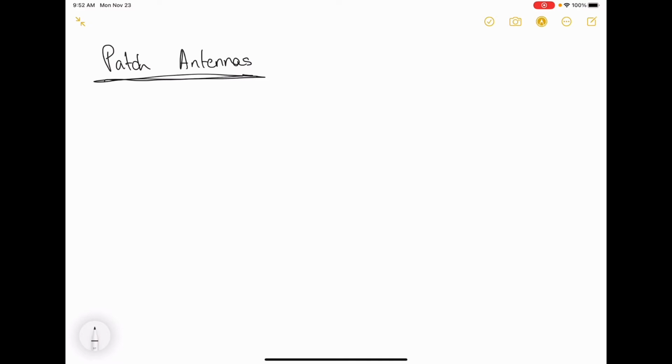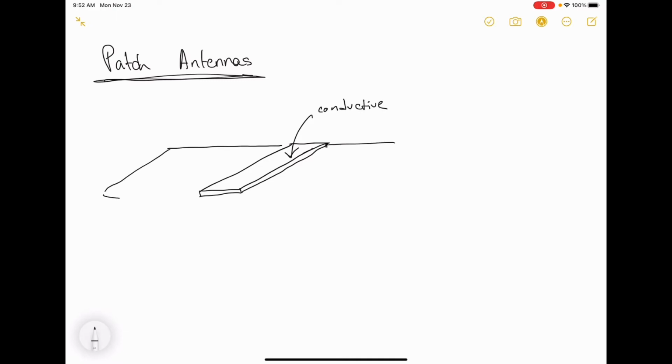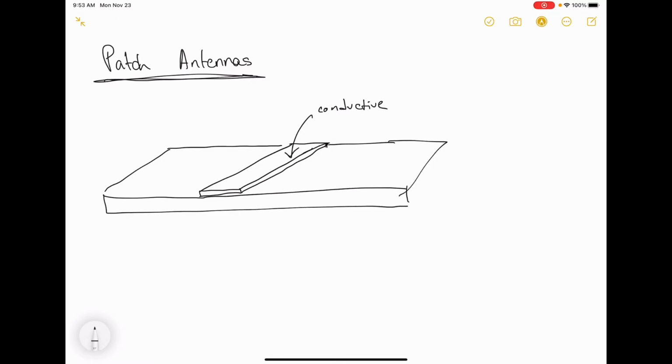So if you need a reminder about what that is, microstrip transmission line is a thin conductive strip on top of some sort of dielectric substrate on top of a ground plane.